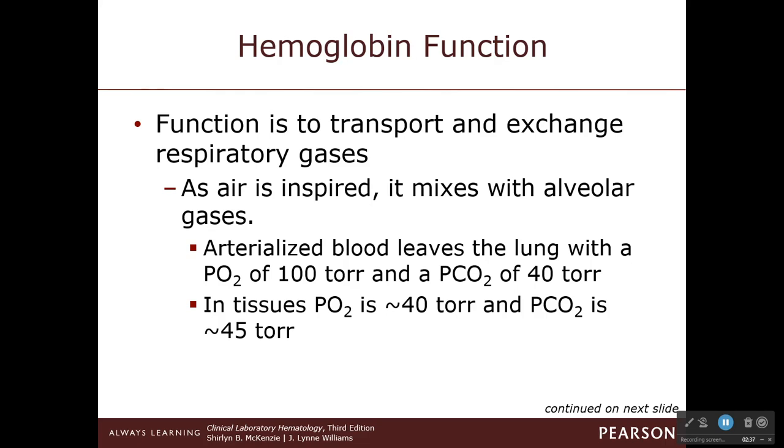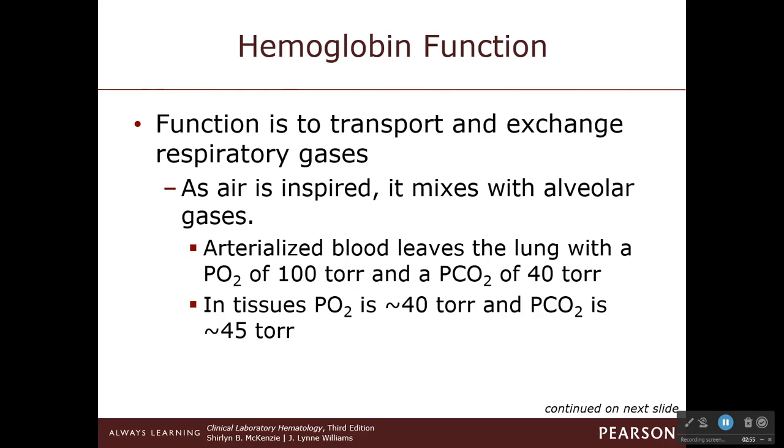So we have a 0 on both sides. And then we have a mark at 20, 40, 60, 80, and 100. And that's percentage. That's percent saturated.